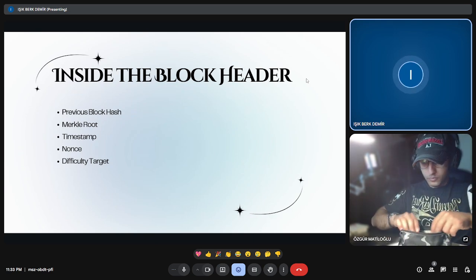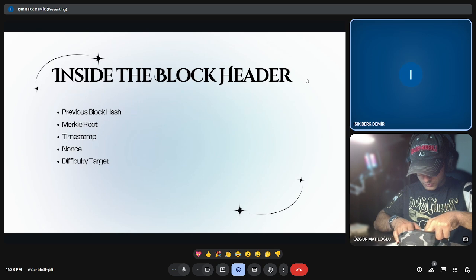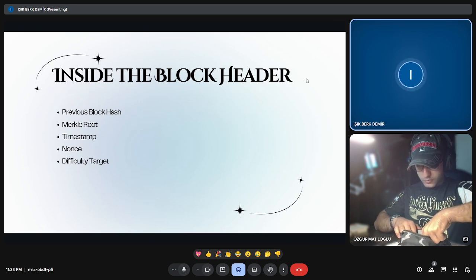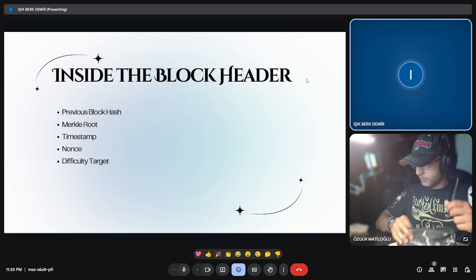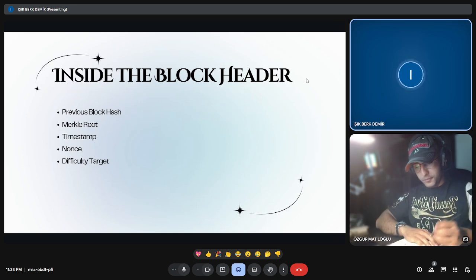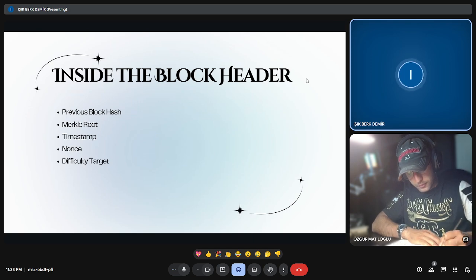Now we're going to move on to inside the block header. This part contains five pieces of key data. The previous block hash, which links it to the block before it. The Merkle root, a combined hash of all the transactions in the block.